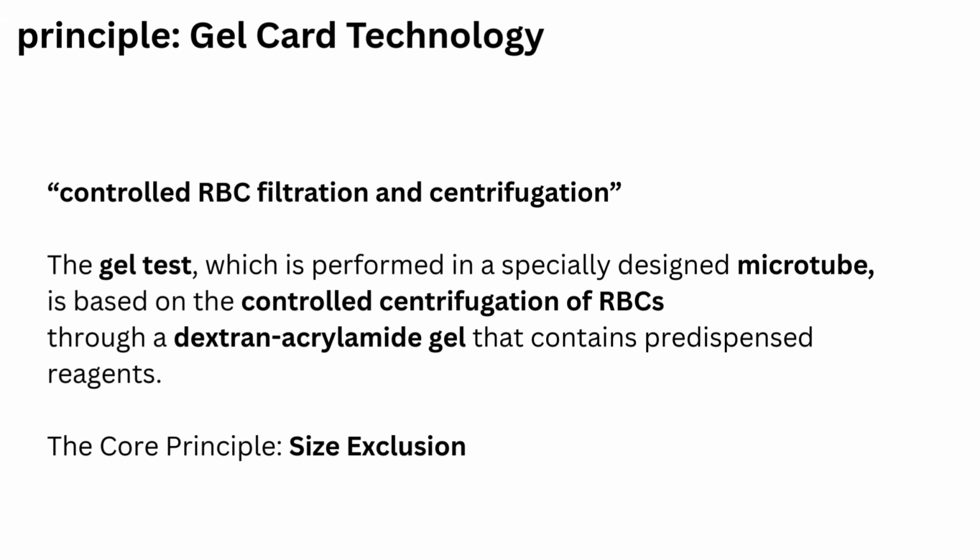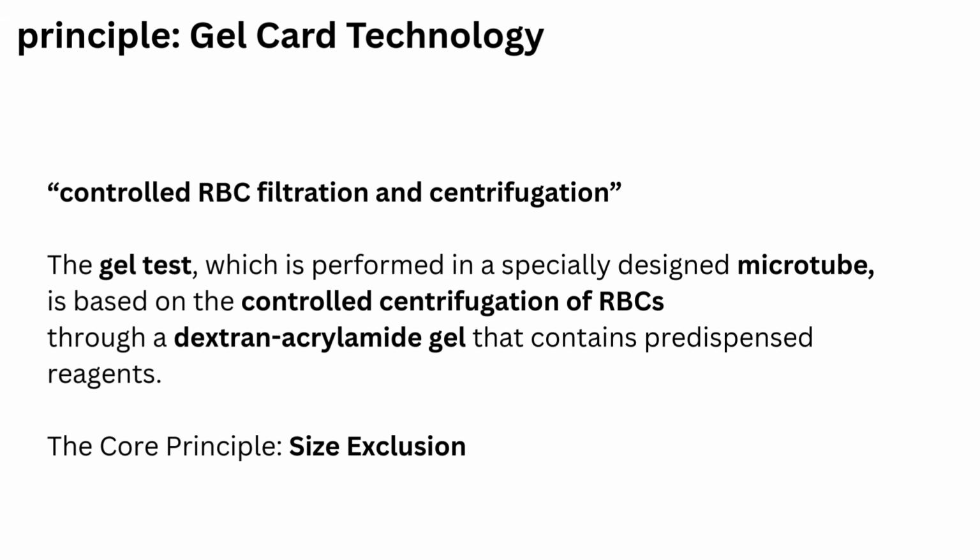Next, what's the core principle behind gel card technology? If you'll be asked this question, you need to answer: controlled RBC filtration and centrifugation, because at the heart of this technology is the process of controlled RBC filtration and centrifugation. Imagine a specially designed microtube where this fascinating process takes place.